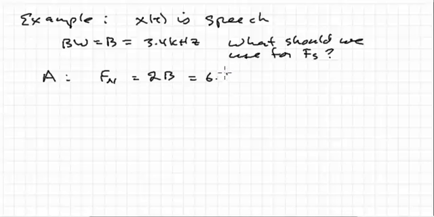which is 6.8 kilohertz. Now we always sample higher than that, right? So we always sample above that, and I recommend 10 to 20% above that. We can just choose, in a test question, to say I'm going to choose 10% above that or 20% above that.